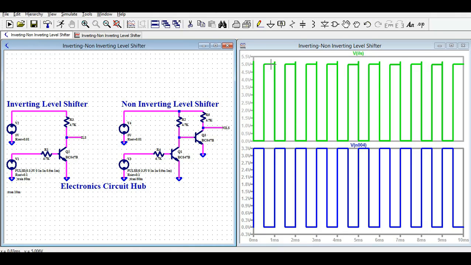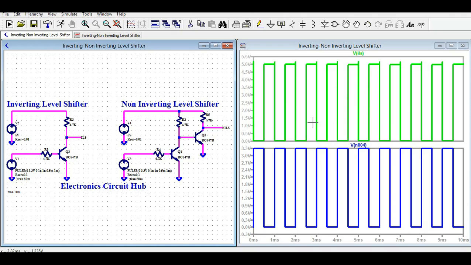So your input logic level of 3.3 volt is now shifted to 5 volt, but when your input is high, your output is low. That means your output is inverted. Whatever your input signal is, your output signal is just the opposite. So input and output are not in the same phase. That is why it is called the inverting level shifter.